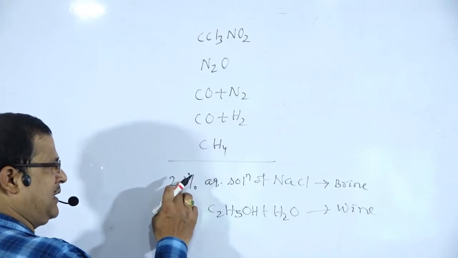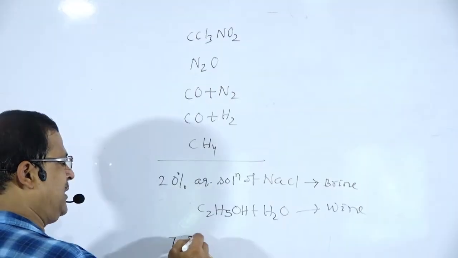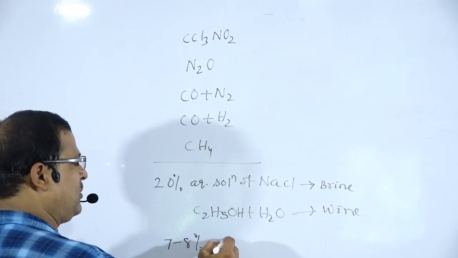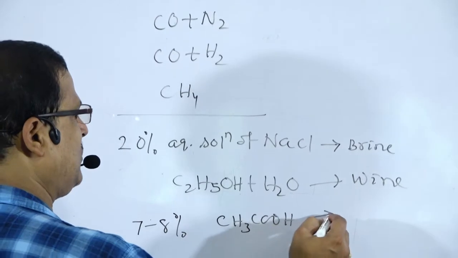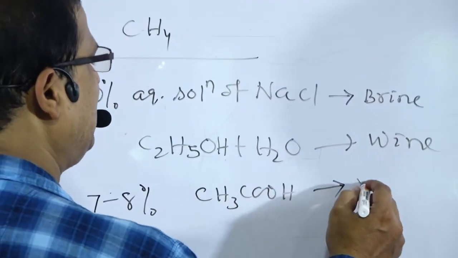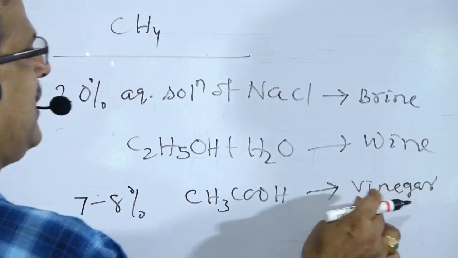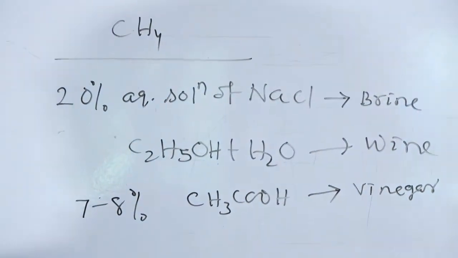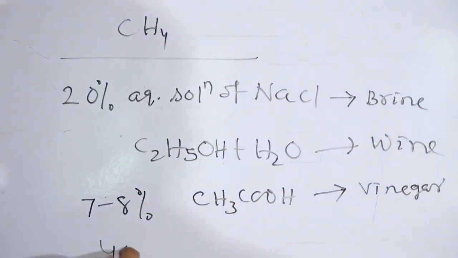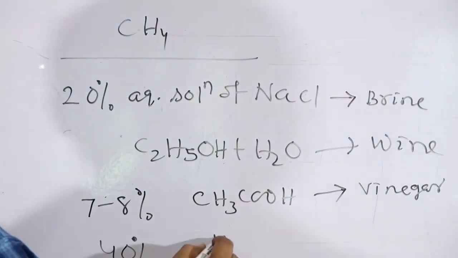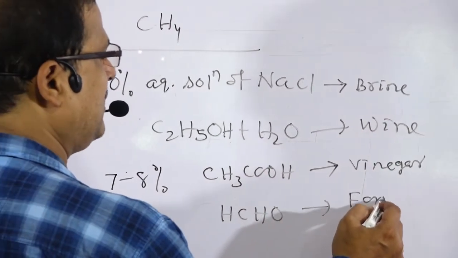Or if we take the example of acetic acid, a 7 to 8% aqueous solution of acetic acid, CH3COOH, that is known as vinegar. Vinegar, we are using during the cooking of foods. Or a 40% aqueous solution of formaldehyde, HCHO, that is formalin.